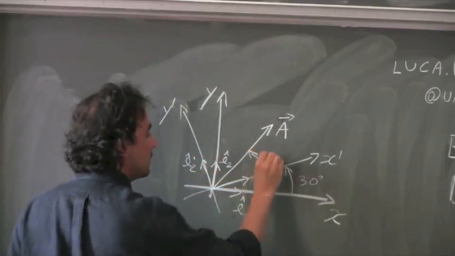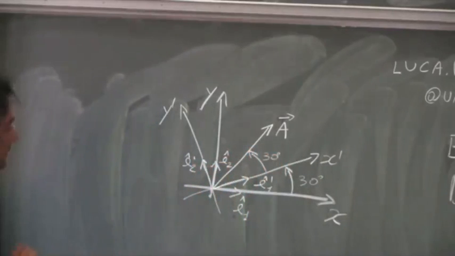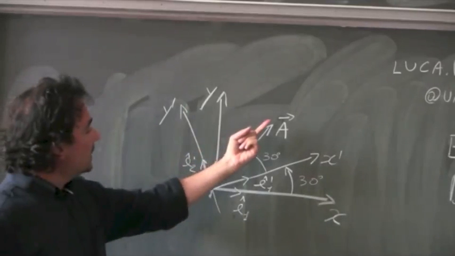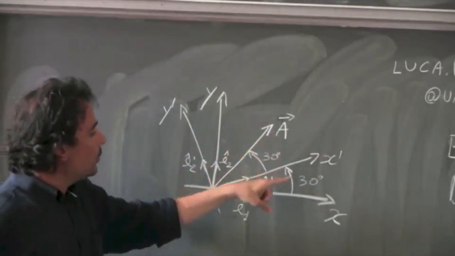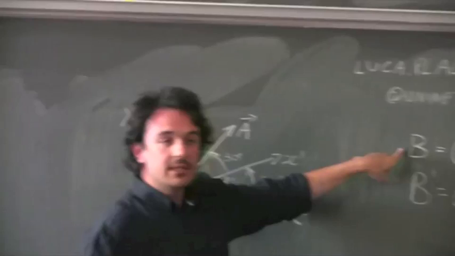This is another 30 degrees. So one can ask, what is the vector A with respect to the basis B?